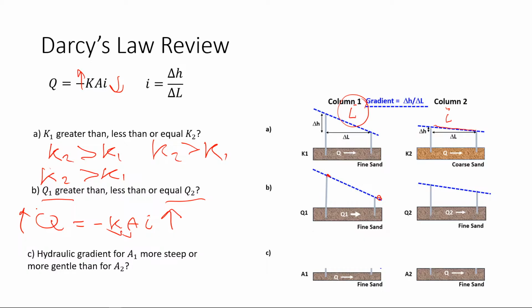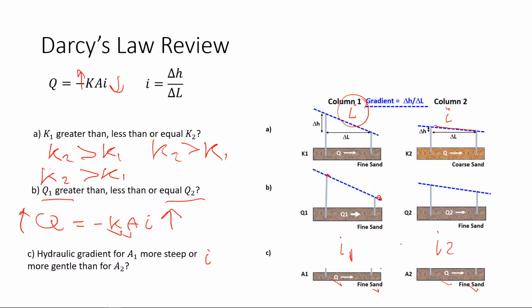Now, this is my last question for you. Both are fine sand. This is fine sand, this is fine sand. Q is the same, Q1 is equal to Q2, and I'm asking you which one will be steeper, in terms of hydraulic gradient I. Let's say this is I1 and this is I2.